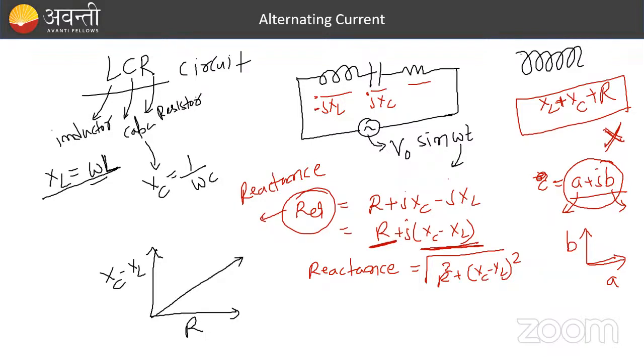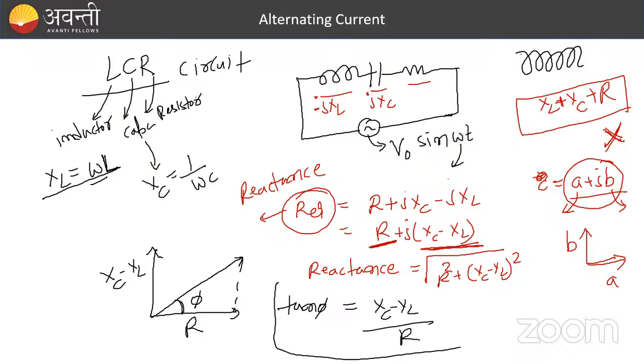And this angle is called phase. तो अगर आप यहाँ से tan phi लिखोगे, tan of phase angle, phase difference between voltage and current. This phi is the phase difference between voltage and current. ठीक है, so tan phi will become equal to XC minus XL by R.